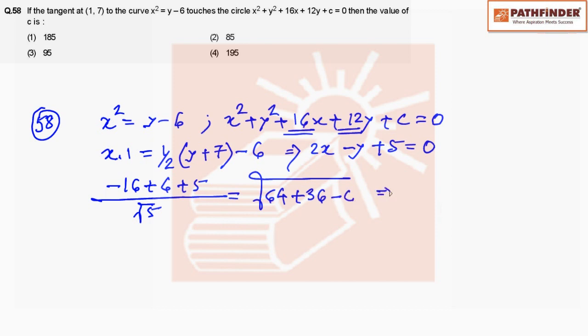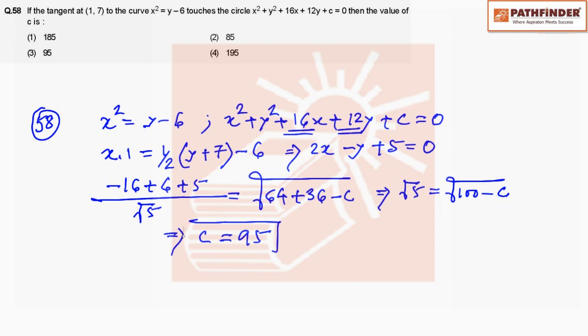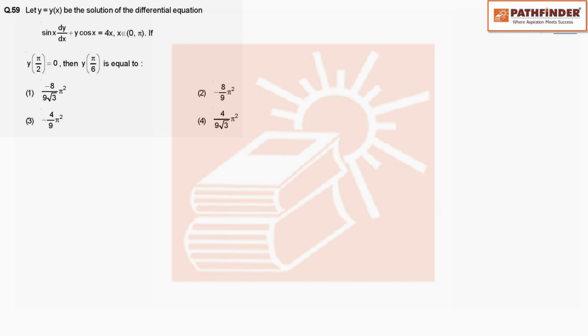So root 5 equal to root over of 100 minus c, which implies c equal to 95. So the answer is option 3.